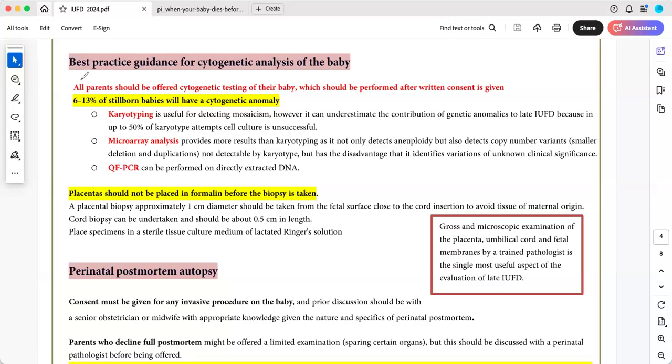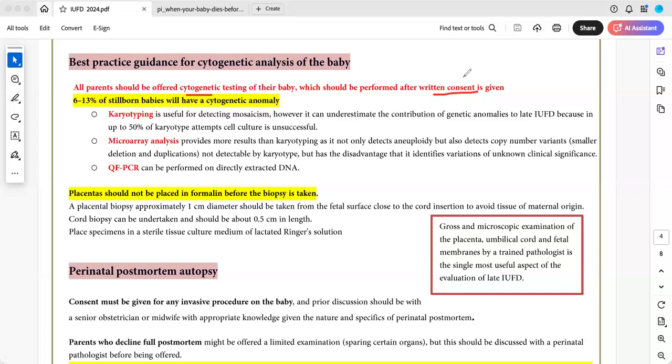So look, my friend, here, the best practice guidance for cytogenetic analysis of the baby. All parents should be offered cytogenetic testing of their baby, which should be performed after written consent is given.